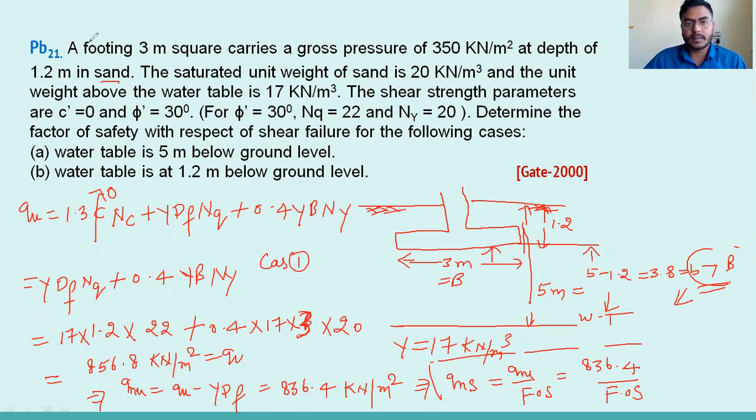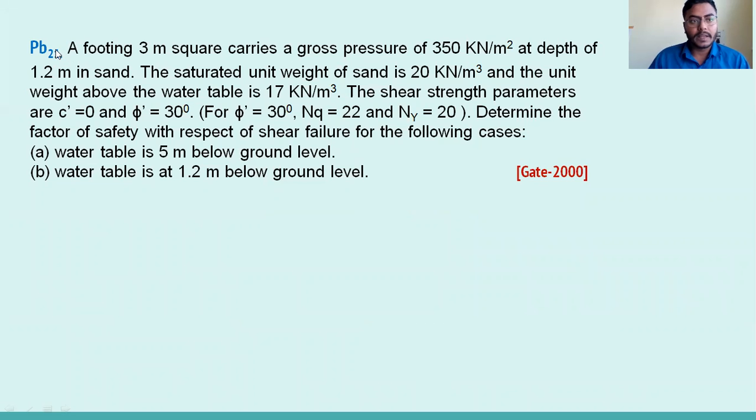So let's write all those things. Okay, so we have to calculate QS, that is gross pressure. So QS, we can write QNS plus gamma DF.